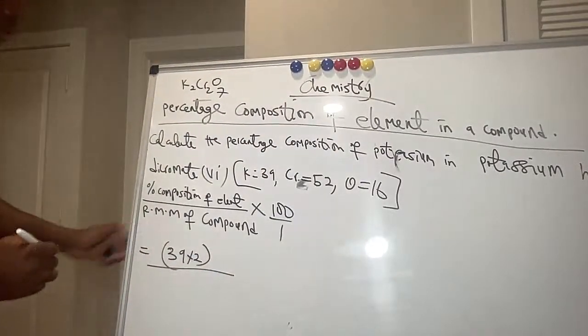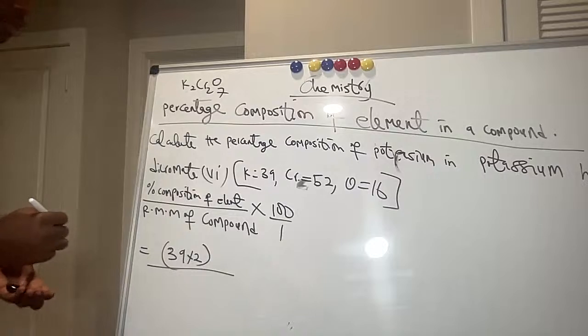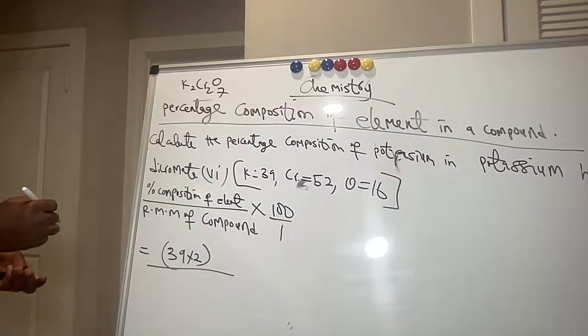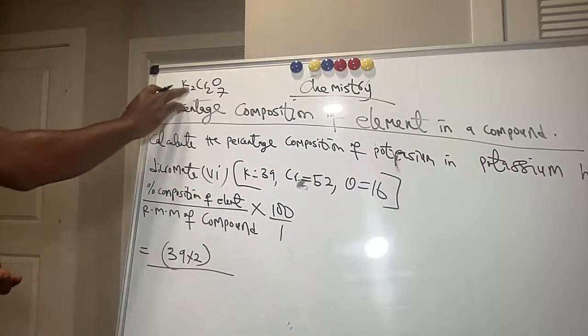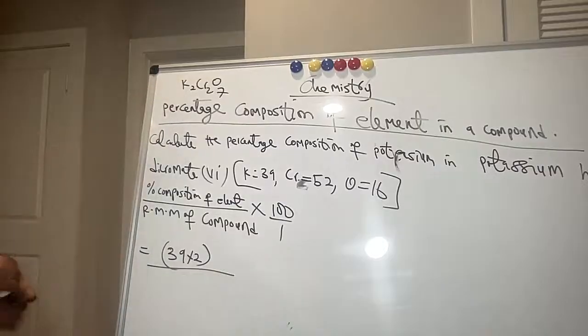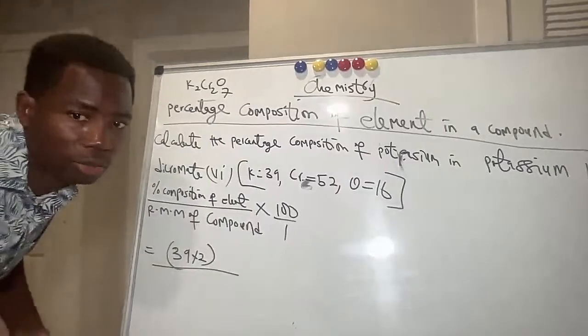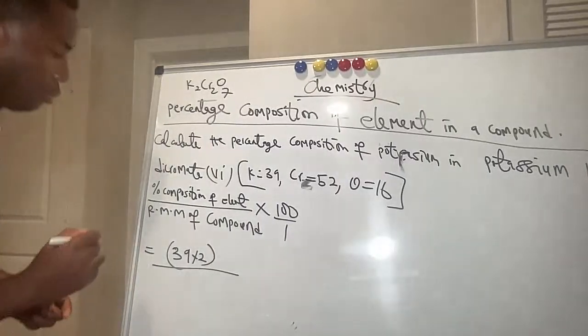Relative molecular mass. Let's calculate the relative molecular mass of potassium heptaoxodichromate(VI).